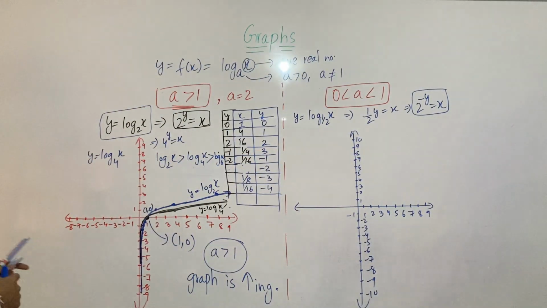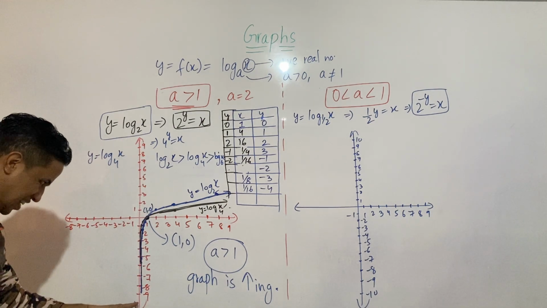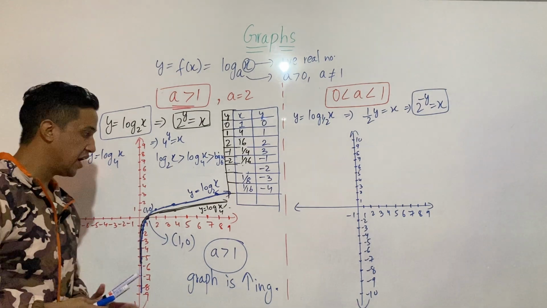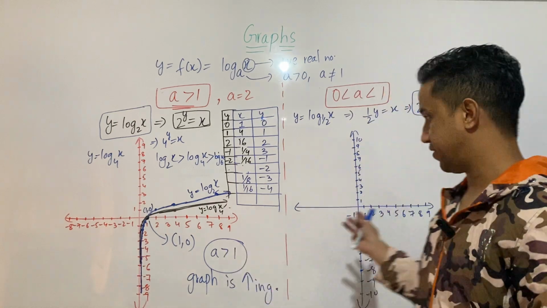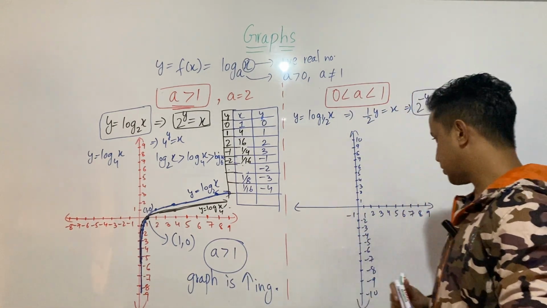One thing I forgot to mention is that this line is never going to touch the y-axis. We will come to that part later, about the domain and the range. Very important.